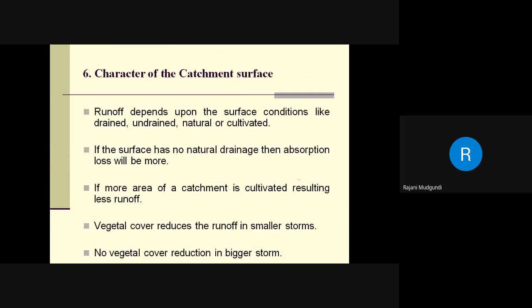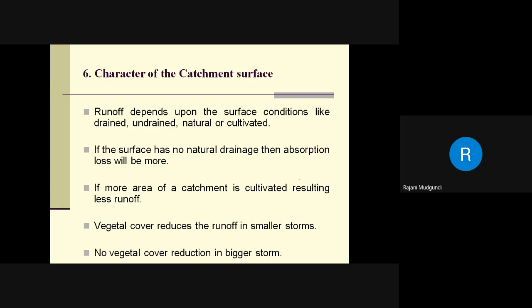Then the character of the catchment surface. The runoff depends upon the surface conditions, like whether it is drained or undrained, natural or cultivated. If the surface has no natural drainage, then absorption loss will be more. So there has to be some sort of slope or drainage for the soil so that it gets quick access to the nearby stream or river.